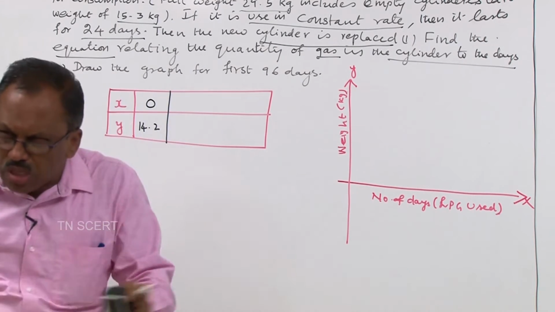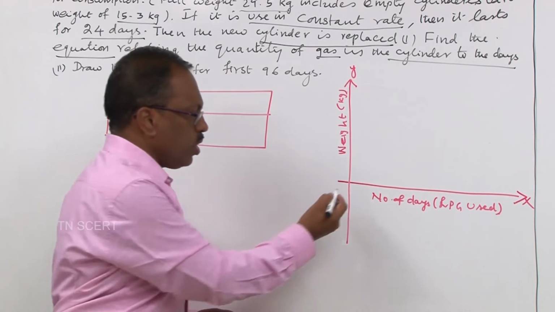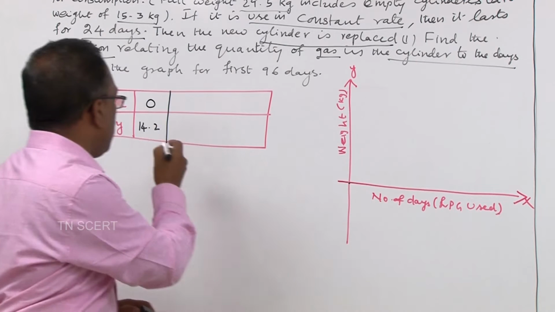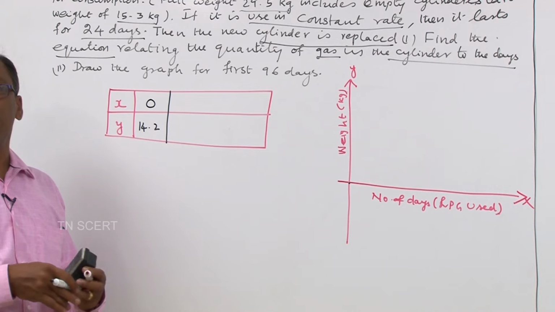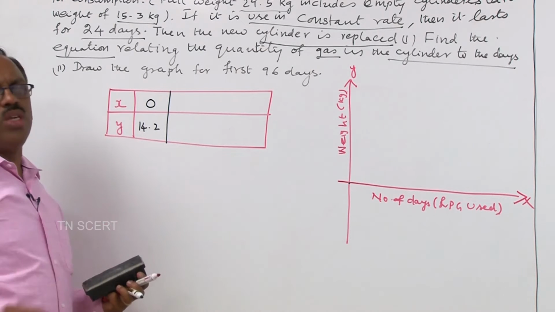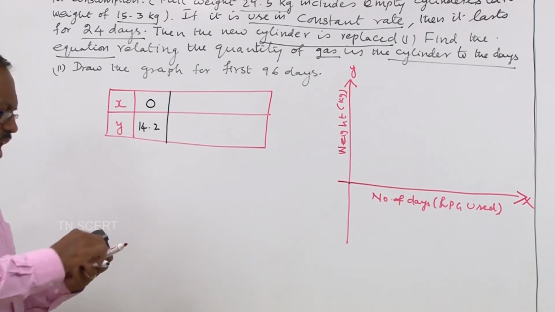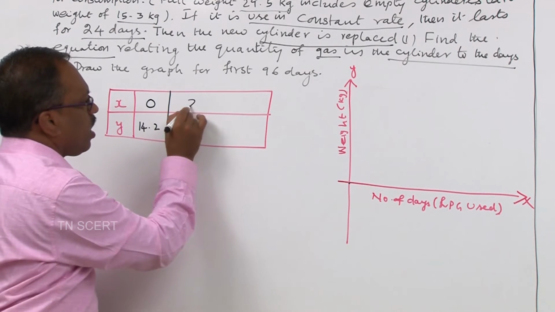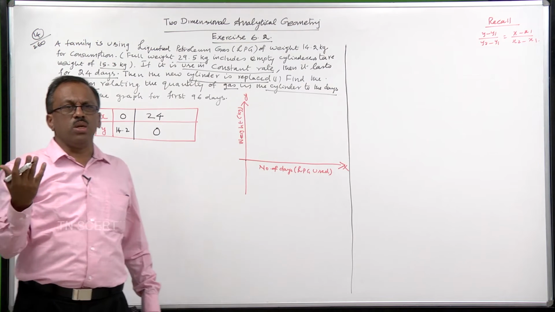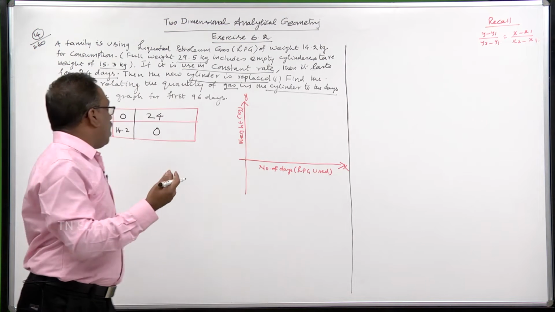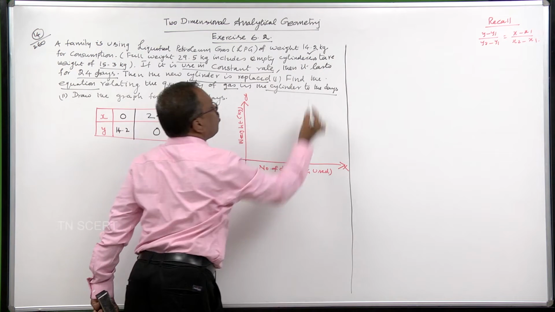So we are not using the cylinder at 0, and the weight is 14.2 kg. After the 24th day the cylinder is totally used, and by then it is 0 here. There are two things you should remember, the 24 and this 14.2.